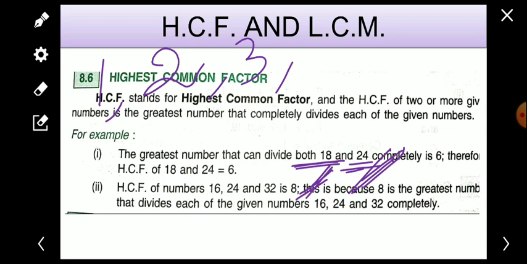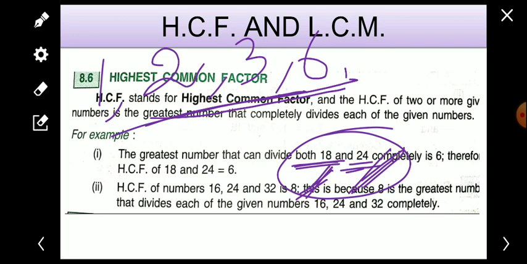So we will not write 4 here. We will write those numbers which can divide both the numbers. So 1, 2, 3, after that which number will come? 6, and then 5, 7, 8 will not come. So now this much only. These numbers are there, 1, 2, 3 and 6. These four numbers can divide 18 and 24 completely.